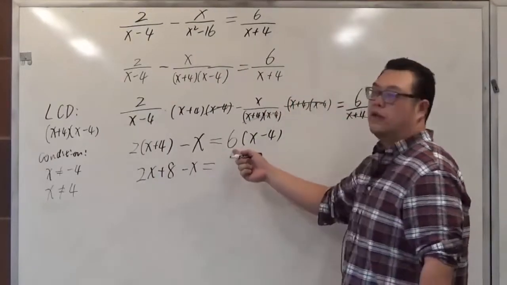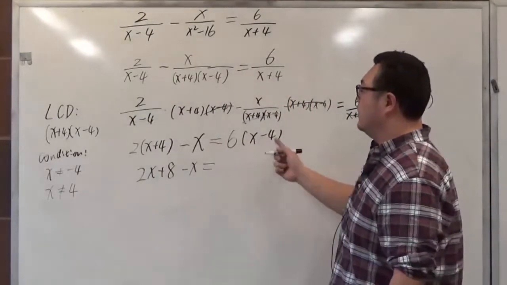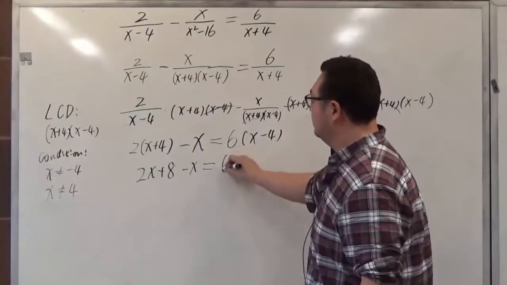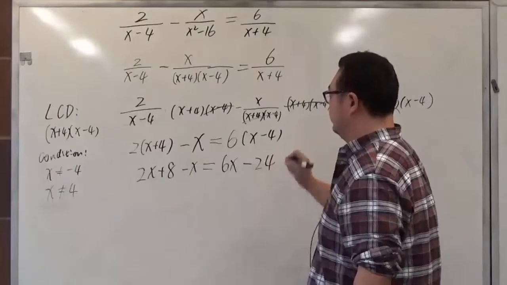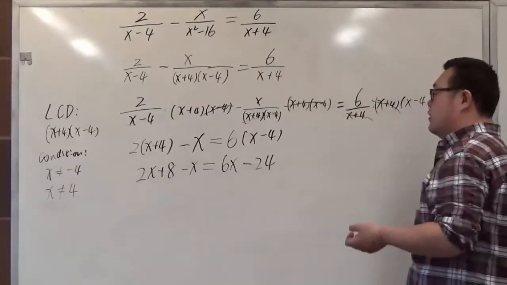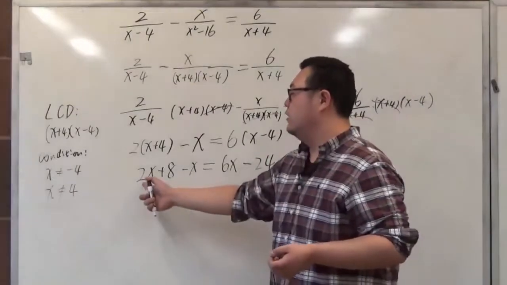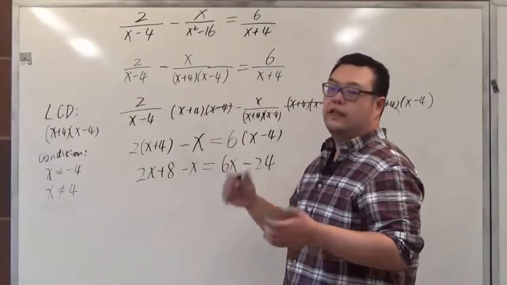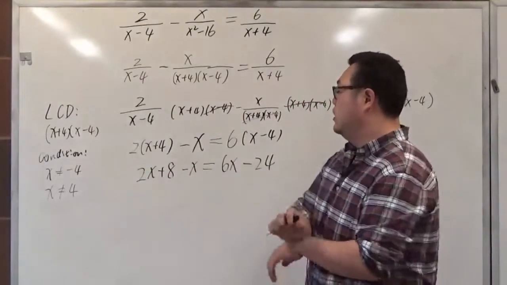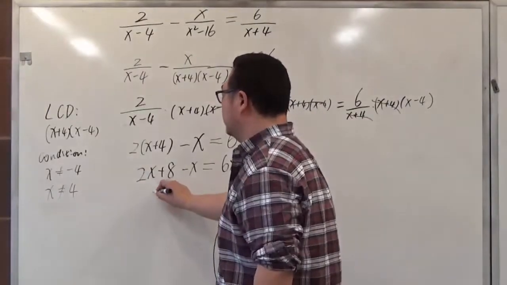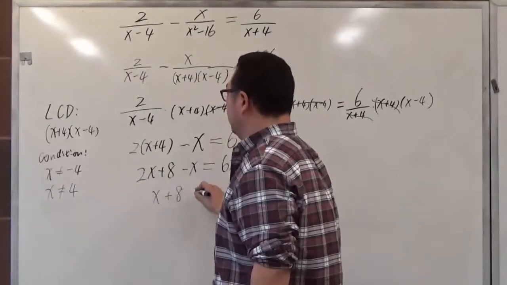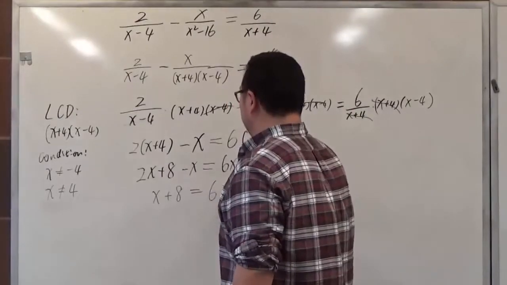And on the right side we have 6 times x minus 4, so 6 times x and 6 times negative 4. On the left side, we have 2x minus x, so we could combine them together. 2x minus x, we get x only. The rest, we just copy down.